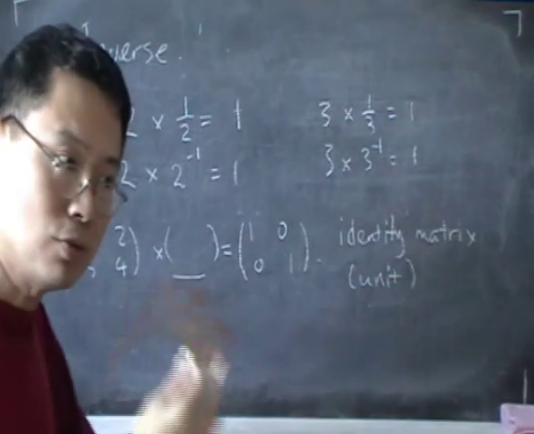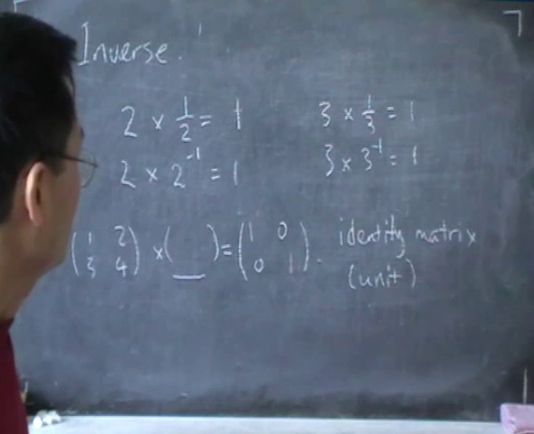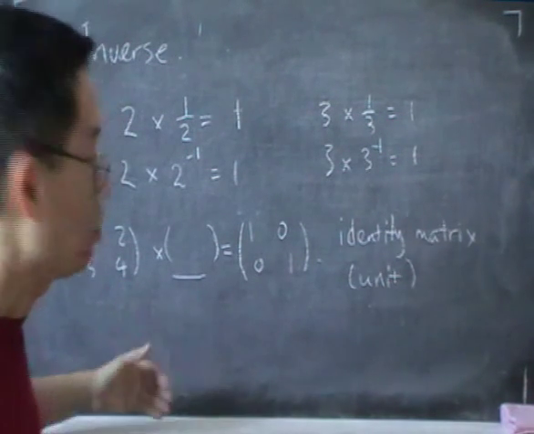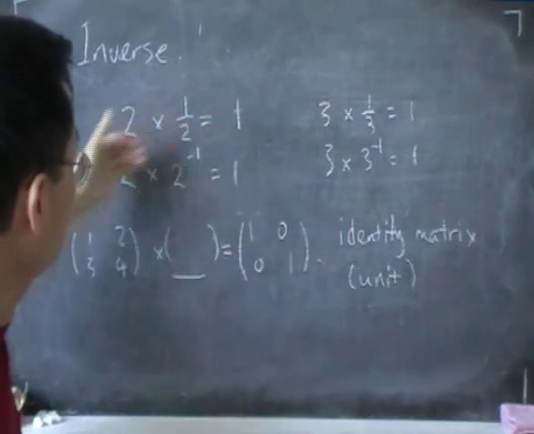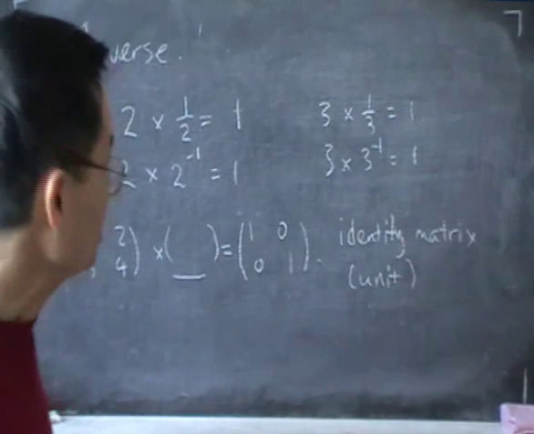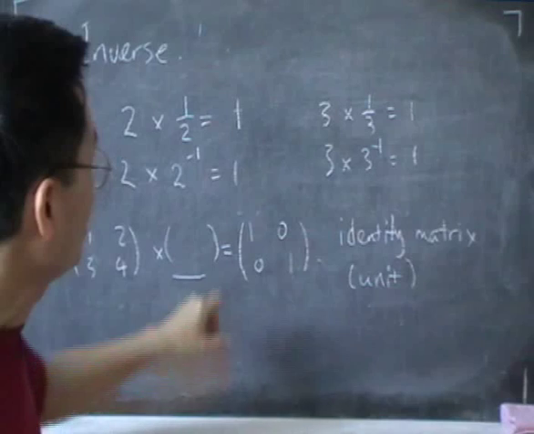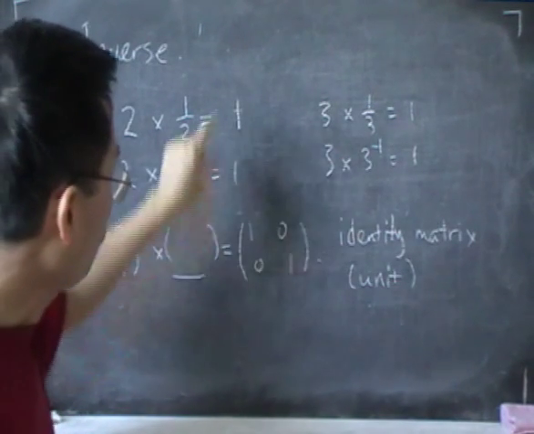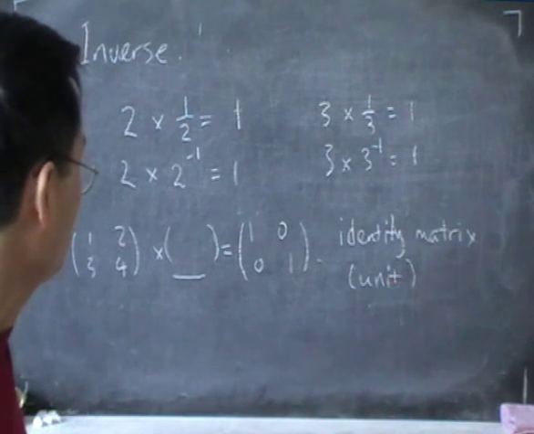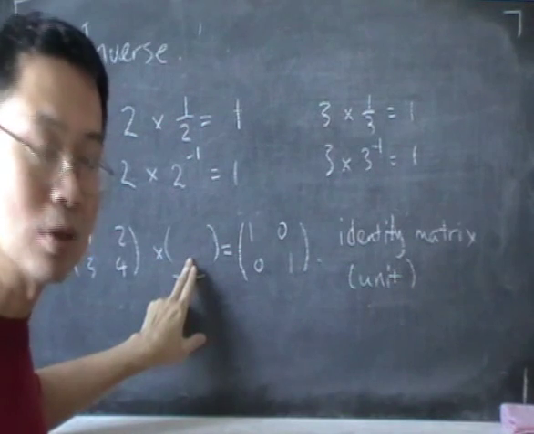So by making up this identity matrix, there is kind of a similarity with simple numbers, where you just have 2 times the inverse of 2 gives you 1. For matrices, there is nothing so obvious, but there's something similar, in which we think of the 1 for matrices as this identity matrix, and then we try to find the inverse somehow.